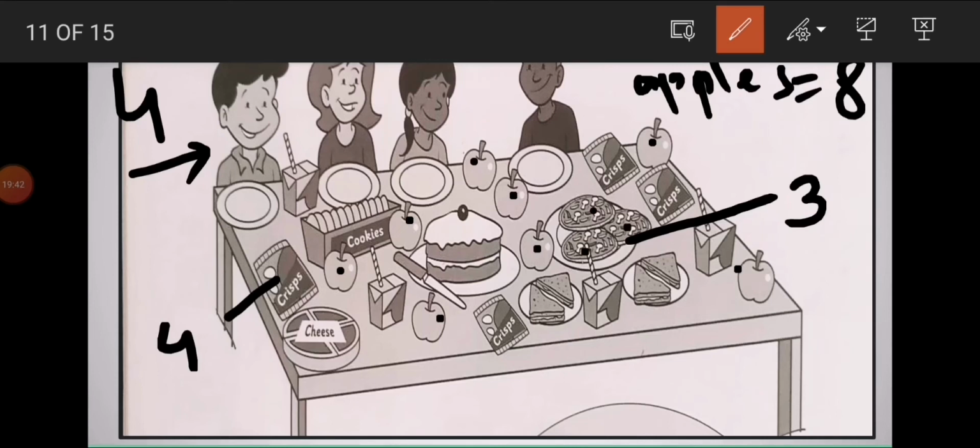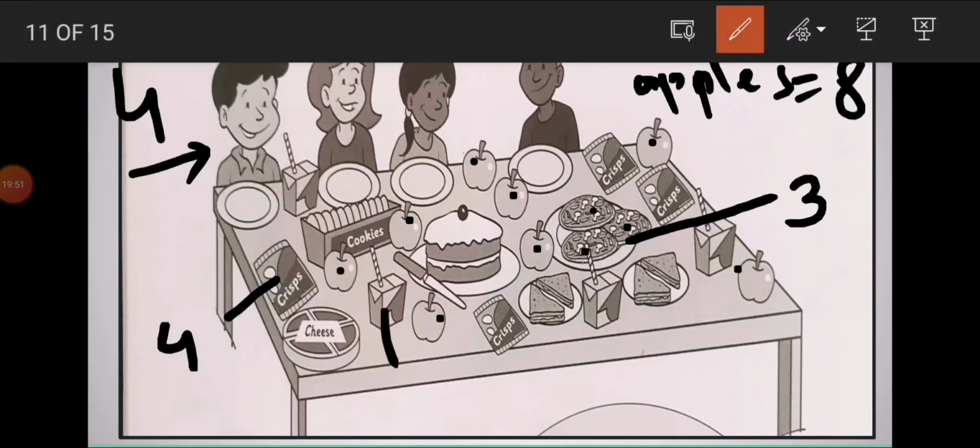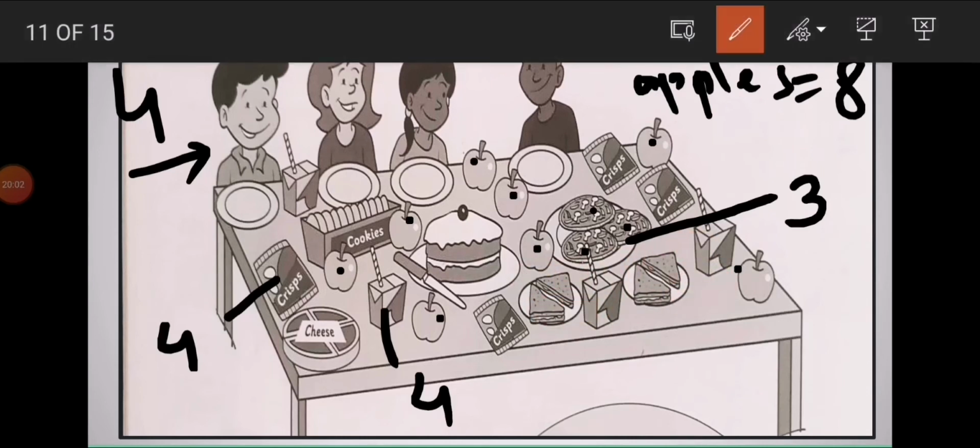Now count the juices. 1, 2, 3, 4. Juices are 4. Done? Now count the sandwiches. There are 2 sandwiches and they are equally divided. It is half cut. So total sandwiches are 2.